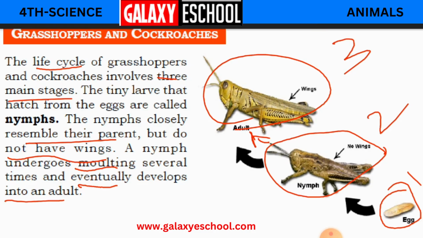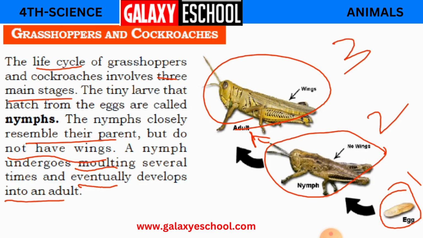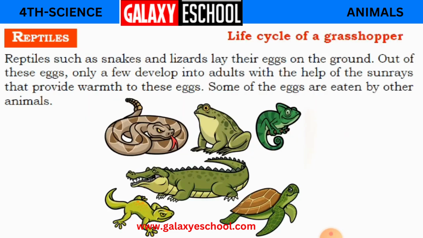Clear, children? Now we'll go to the other one, that is reptiles. Now what are reptiles? Here you can see snake, lizard, chameleon, crocodile, all these are reptiles. So how do these undergo the reproduction process?